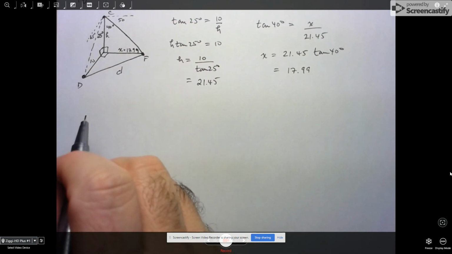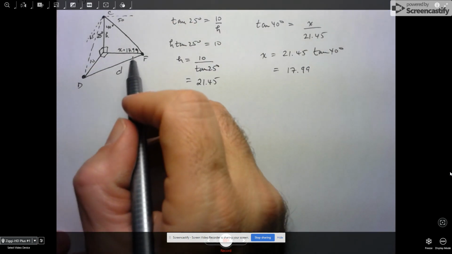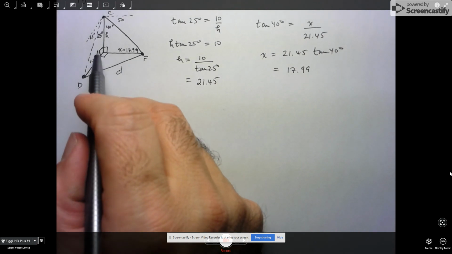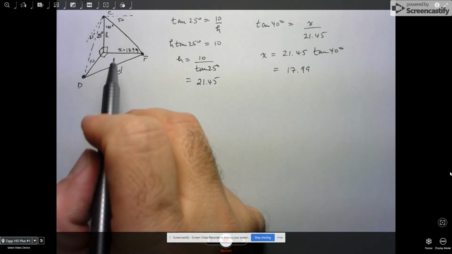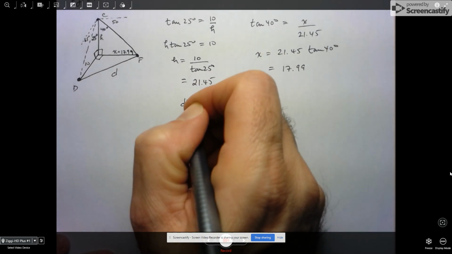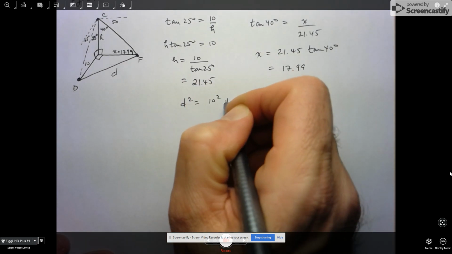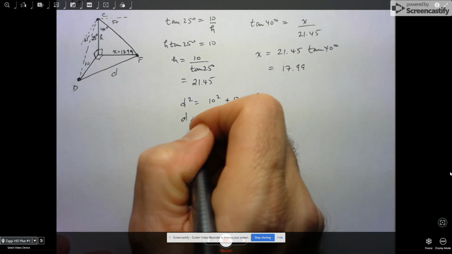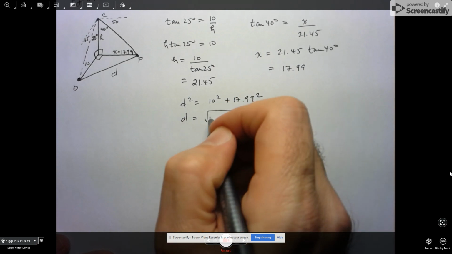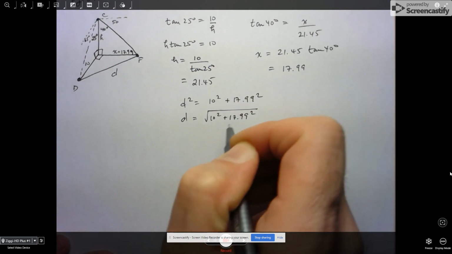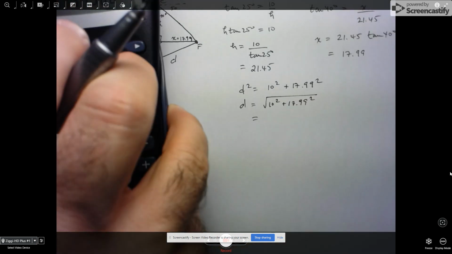I think I have enough information to find the D value, because this is a right angled triangle and I know two of the sides, so I can use Pythagoras to find the third. D squared is equal to 10 squared plus 17.99 squared, so D is equal to the square root of this whole thing. Let's calculate that.